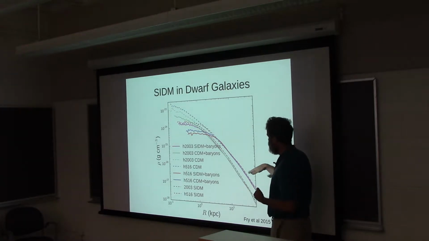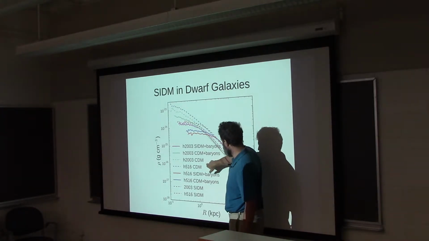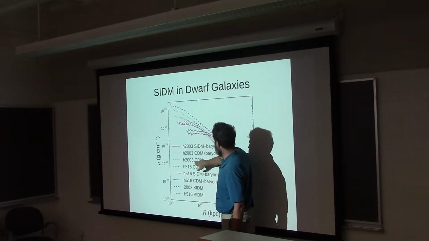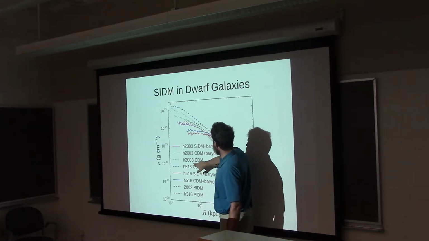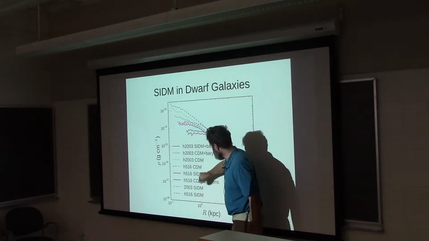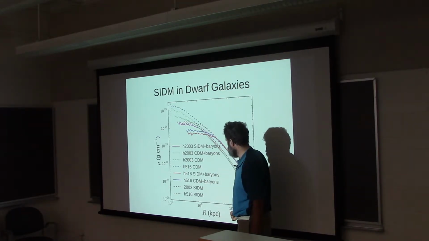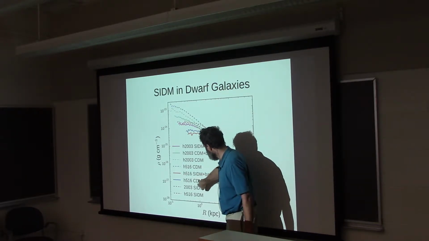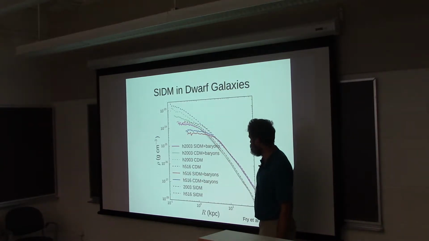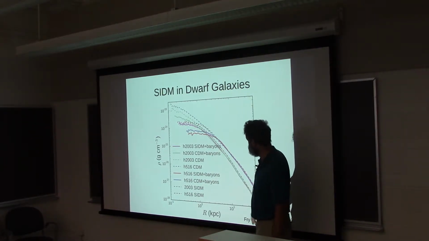So if we look at now the solid version of these lines and compare, let's look at the 50 kilometers per second dwarf first off. I compare running with CDM and baryons or self-interacting dark matter and baryons.